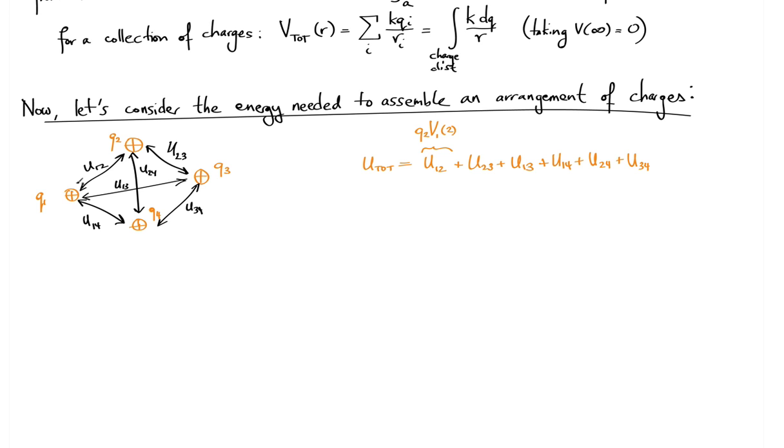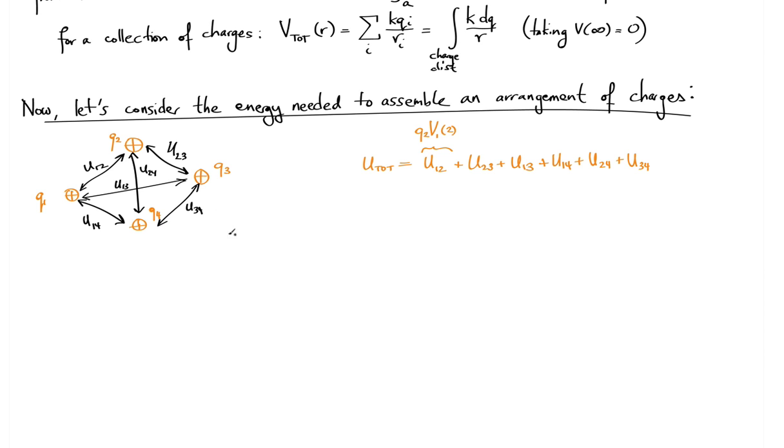So Q1, there's three sets of pairs associated with Q1. There's a Q1, Q2, a Q1, Q3, and a Q1, Q4. And then likewise for Q2. But we've already counted this interaction once. So, there's a Q1, Q2, and there's also a Q2, Q1. But there's only one set of lines here. We didn't count this twice.